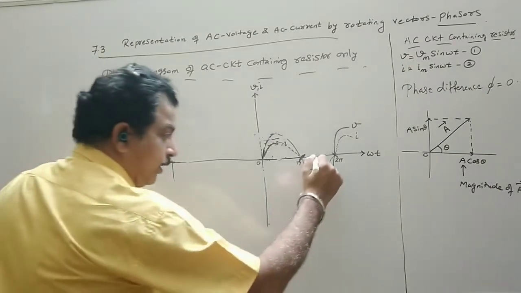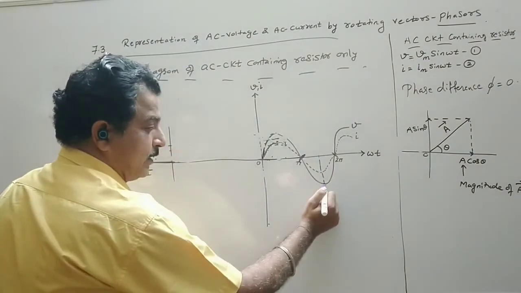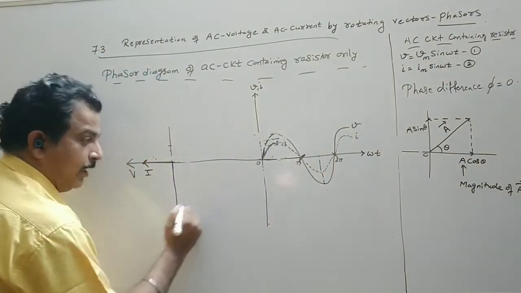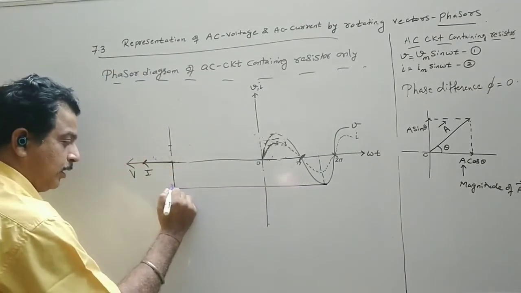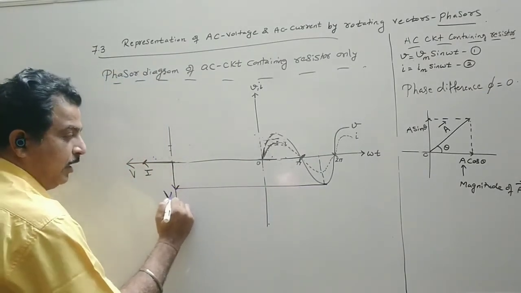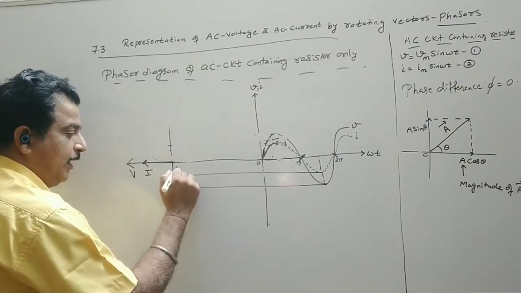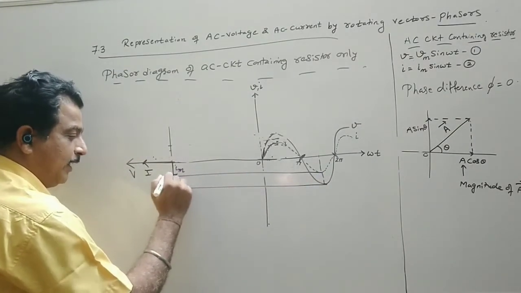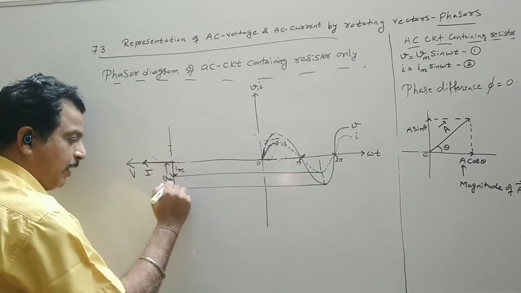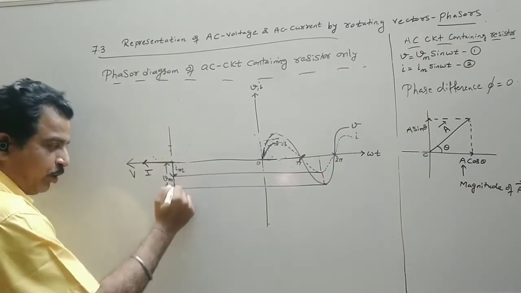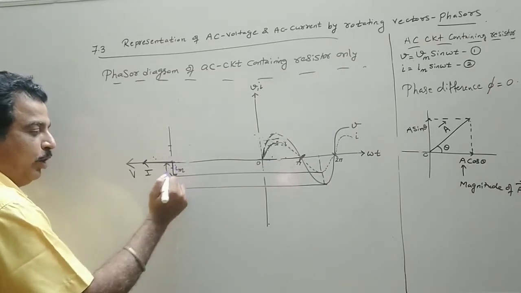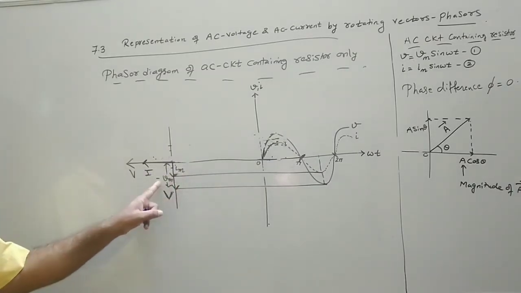Suppose you want to draw the phasor diagram at this point. Now what is this angle? This is 270 degrees. So I drop this perpendicular, this becomes capital V. From this it will become capital I. This value will be equal to Im, and this value will be equal to Vm. And because we are on the negative x-axis, we call this minus Im, minus Vm.